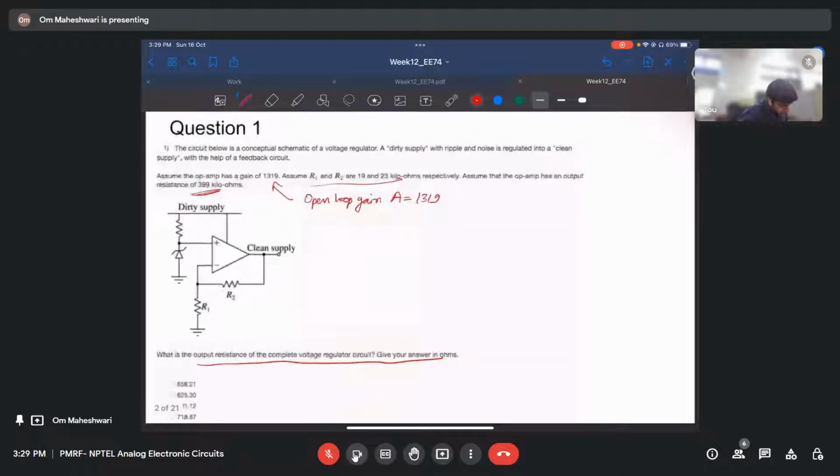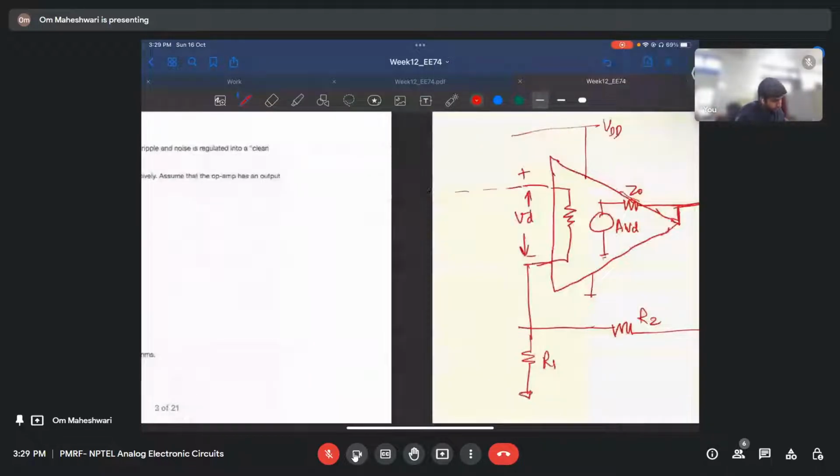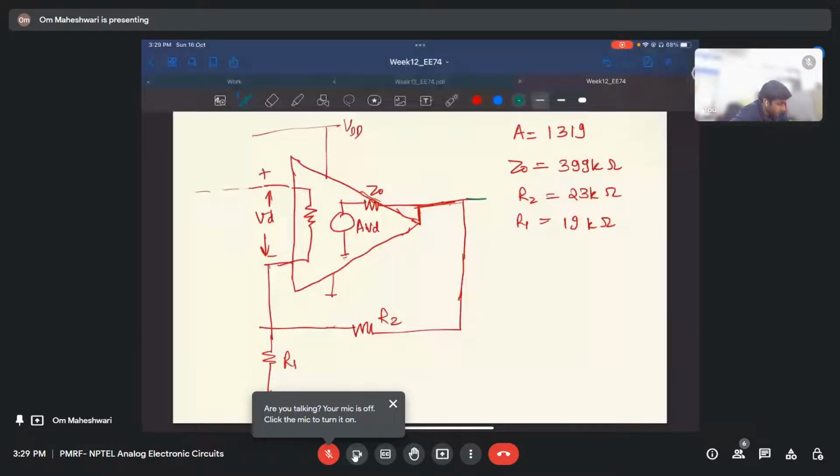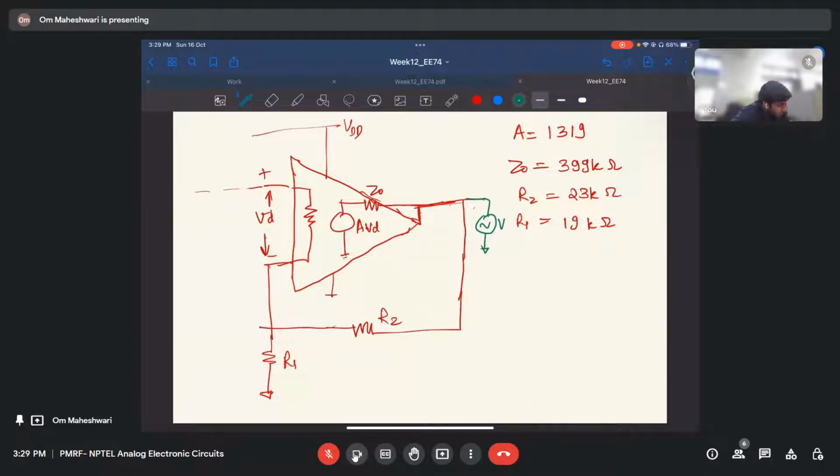Is anything else given? Nothing else matters. Fine. So we know that when we want to find the output impedance of any circuit, we can add a test source. Say I take voltage V and let the current I flow through it.